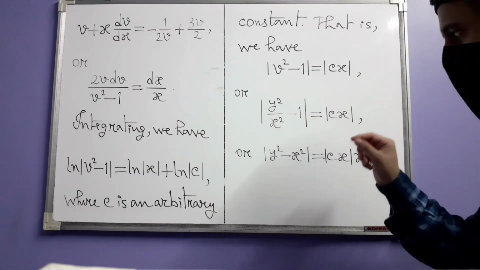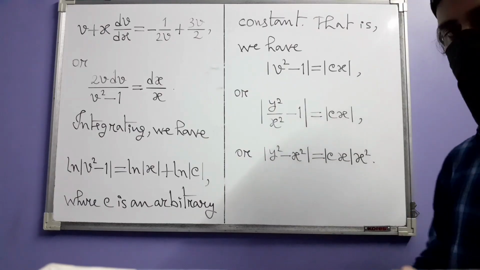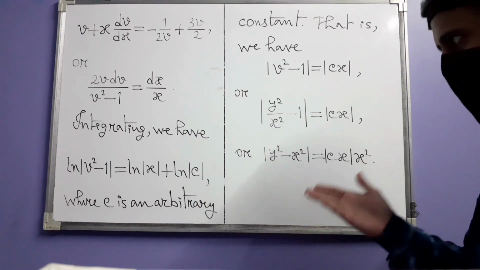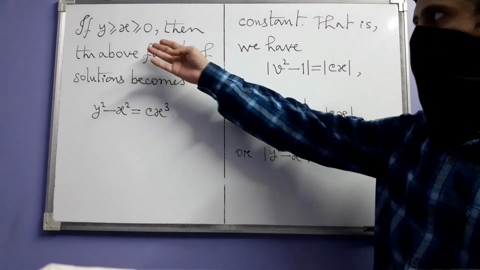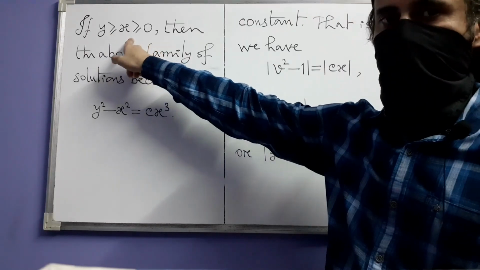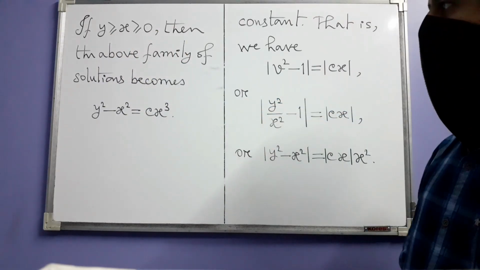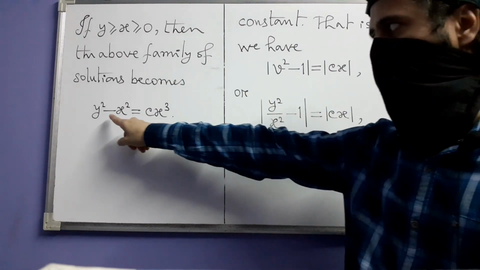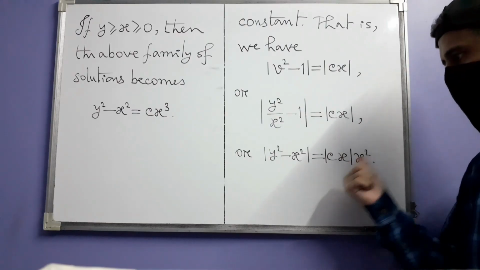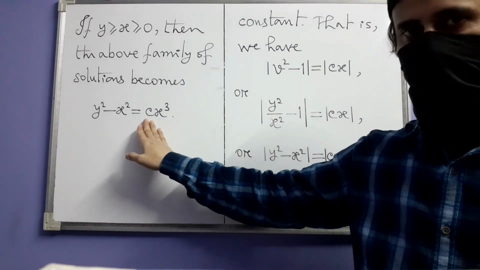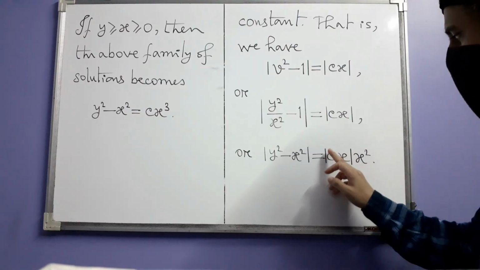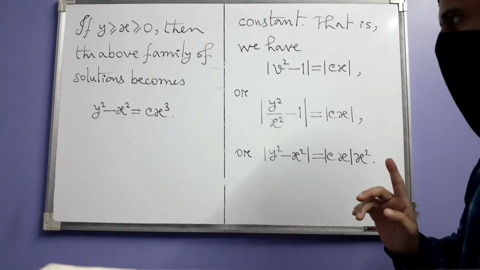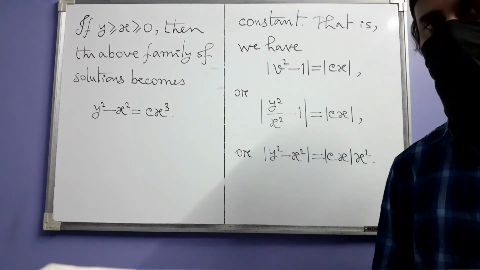But of course, if you put additional restrictions on x and y, then this can be simplified a little more, like this one. If y is greater than or equal to x and they are both non-negative, then y² − x² is non-negative, so the left hand side will be this, and because x is non-negative and c is an arbitrary constant, you can just simply take c to also be non-negative and have cx here, so that way you will get cx³.